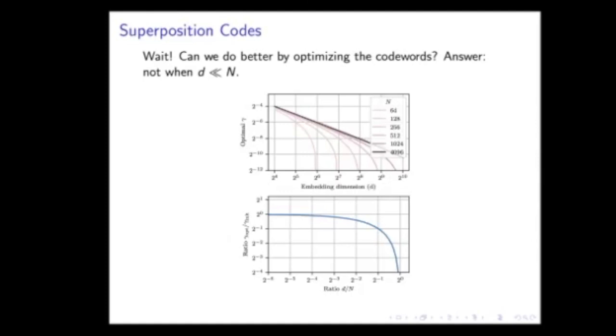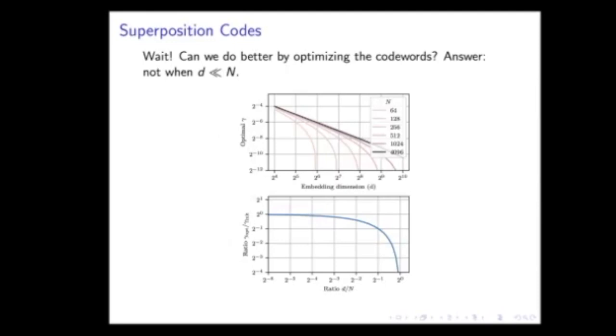So I set up this optimization problem of looking for a dictionary of N code words in D-dimensional space, and I try to minimize the variance of the inner products between distinct elements. For example, with N equal to 64, so I'm looking for 64 different code words, what's the optimal scale of interference I can get?